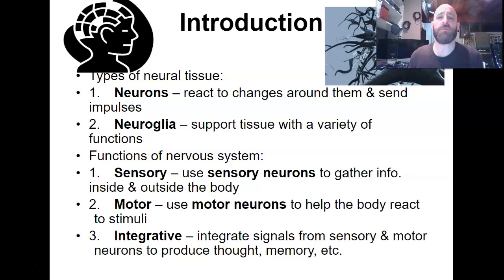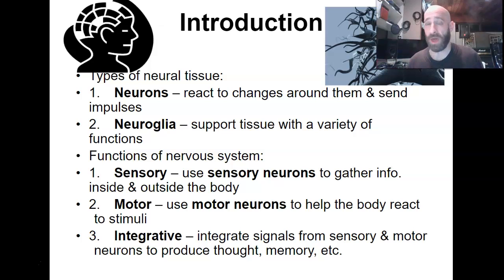What's the job of your nervous system? Well, your nervous system really has three main jobs, and we have three main types of neurons. There's sensory, motor, and integrative neurons. Those words tell you a little bit about what they do. When you think of your senses, we have five senses: sight, smell, touch, taste, and hearing, right? And that is how our body takes in information from the outside world.